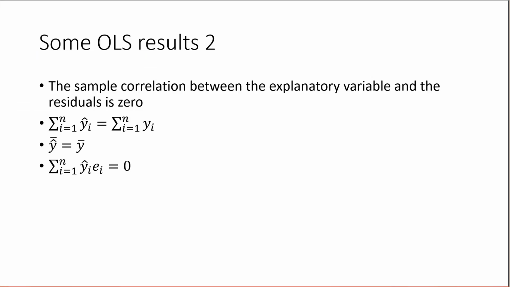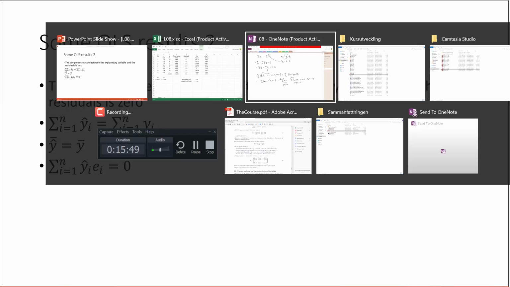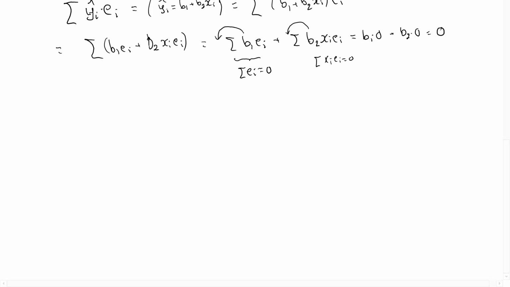Why? Well, because it's pretty much the same idea as when we showed the sample covariance between x and e is 0. The sample covariance between fitted values and residuals is 1 over n minus 1 summation of yi hat minus yi hat bar times ei minus e bar. Well, there should not be an i here or here.